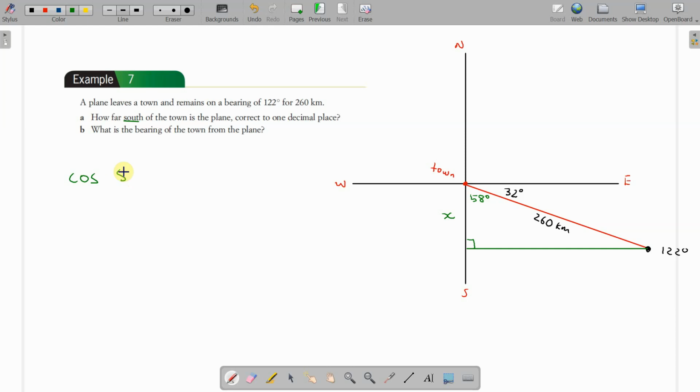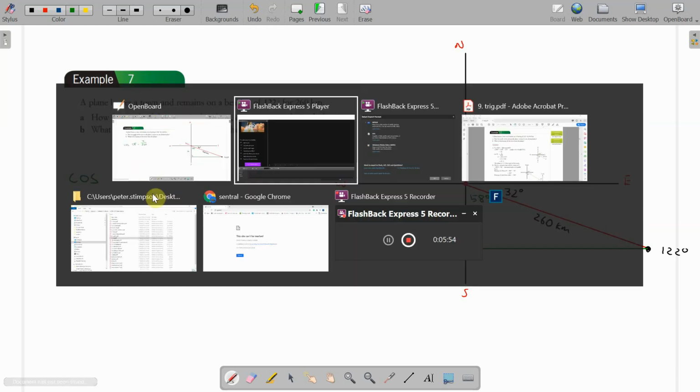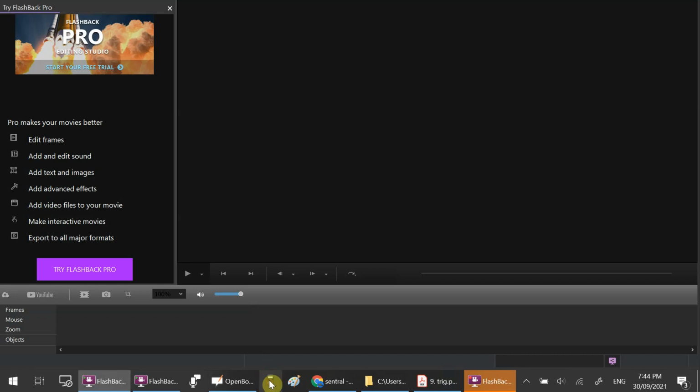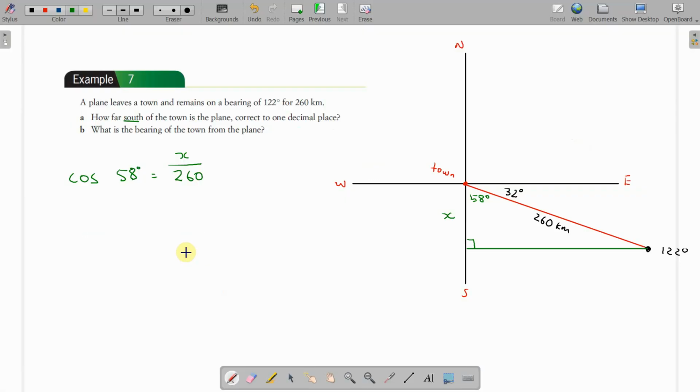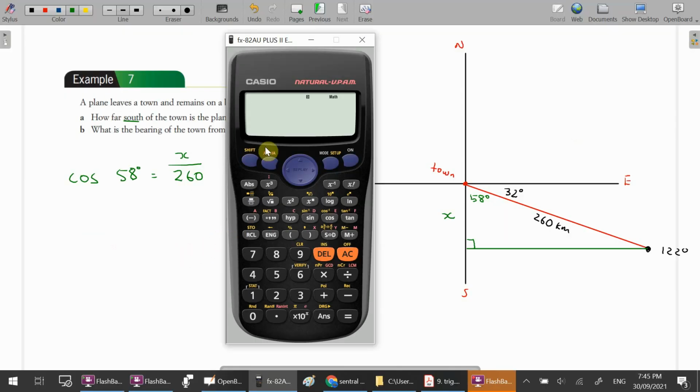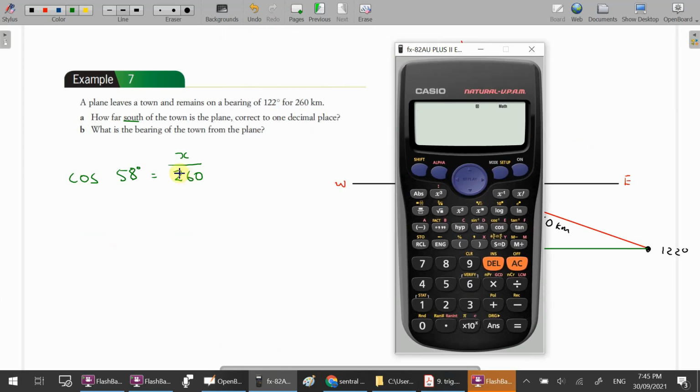The cos of 58, the angle inside the triangle, equals adjacent, the side we're going to find, over the hypotenuse, the plane's distance, 260.